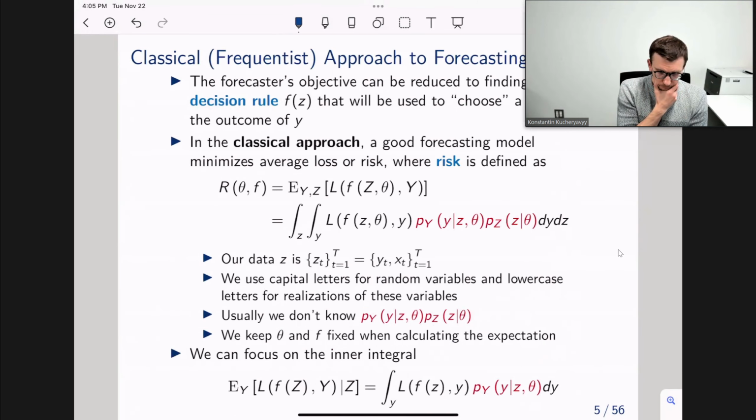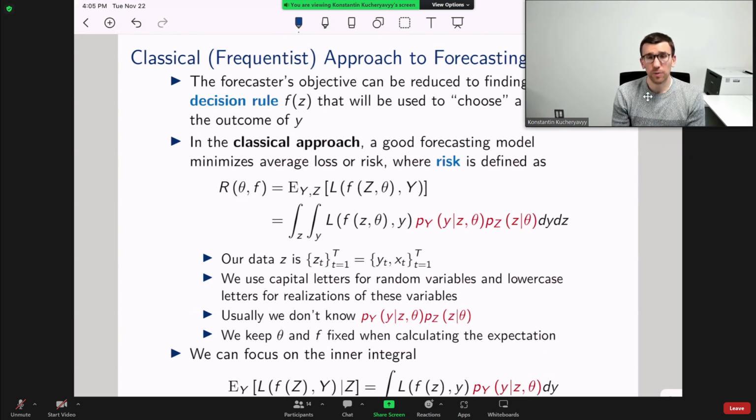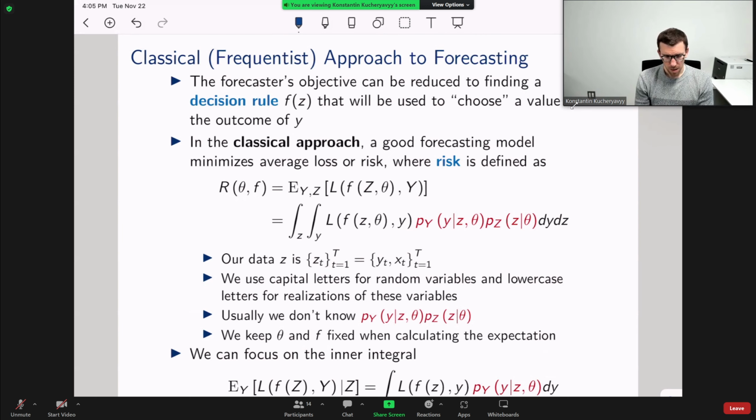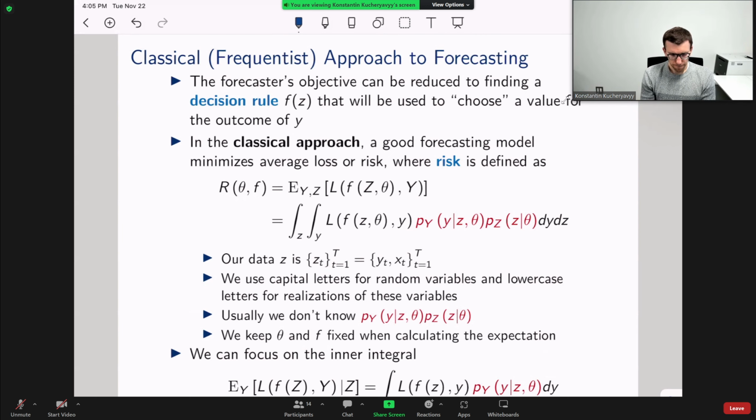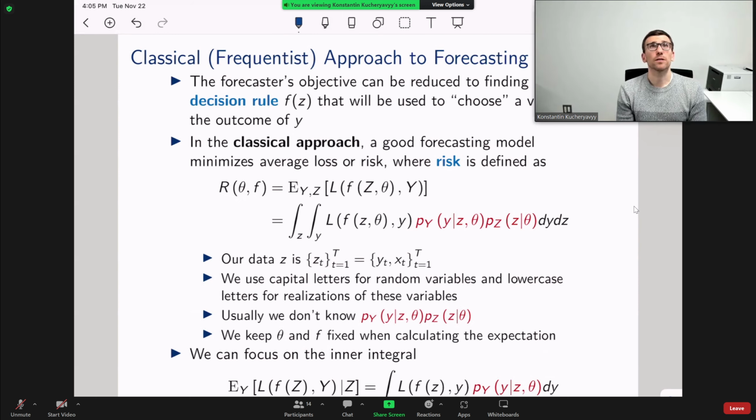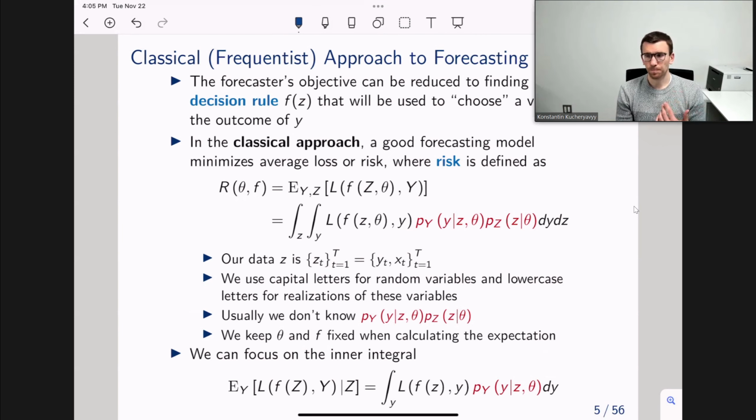Now, this part of the lecture is about the classical approach to forecasting, which is also a frequentist approach to forecasting. In this approach, for now I'm not going to explain the deep philosophical or conceptual divide between the classical slash frequentist versus Bayesian approach.